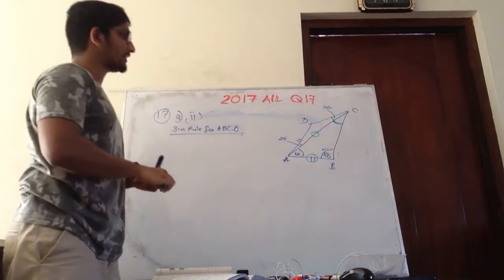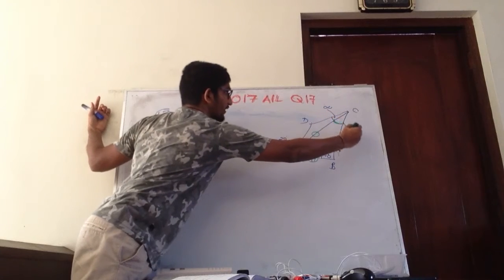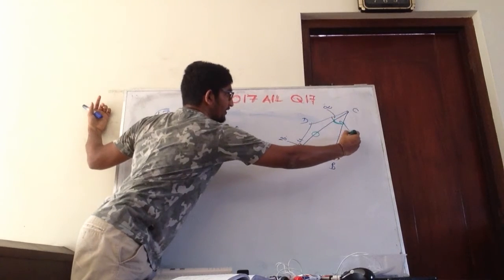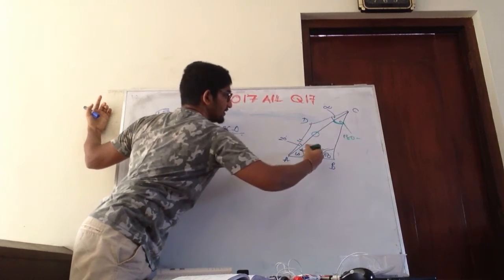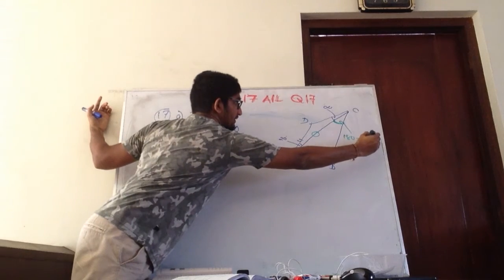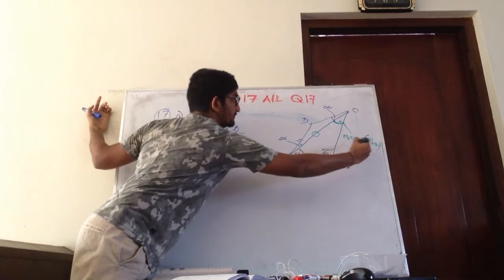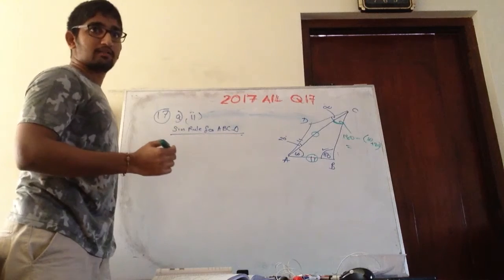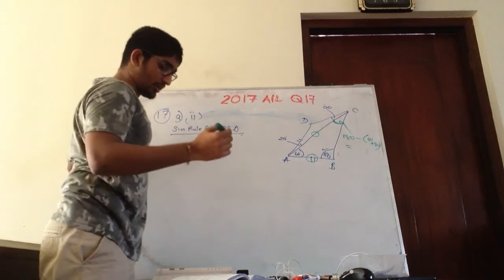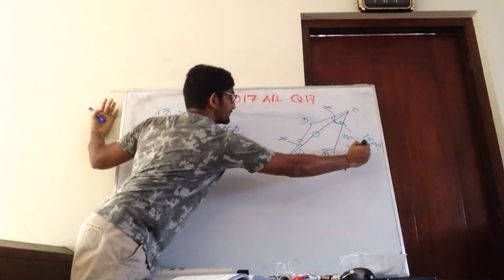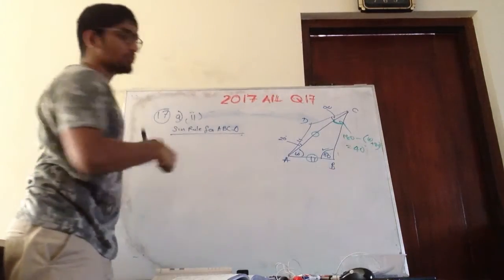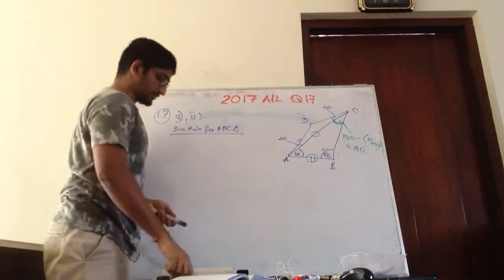What is this angle? That is 180 minus (60 plus 80). So you will get 40. Now you know all the angles and you can get the answer.